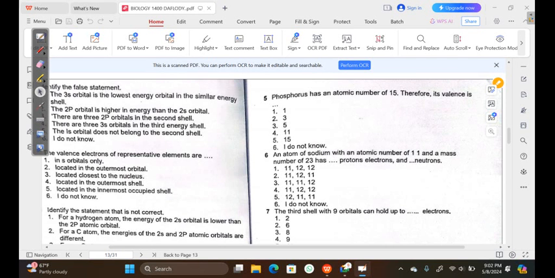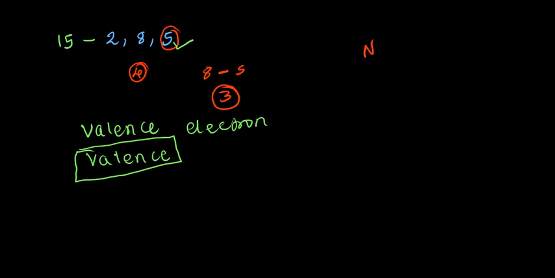Let's answer it from here. We have sodium. The mass number is 23 and the atomic number is 11.